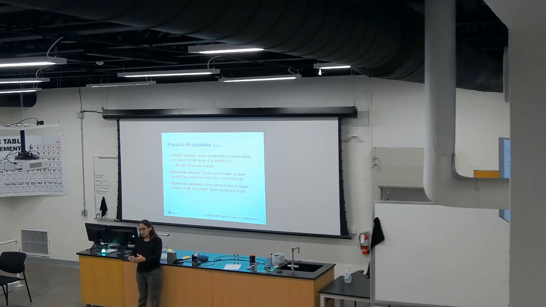Because you have more water outside the cells than in, the water moves from outside of the cells into the cytoplasm to dilute this high concentration of solutes inside the cell. So the water will move into the cells and the cells will swell. If it's too much, eventually the cells will burst, and this is called osmotic lysis.